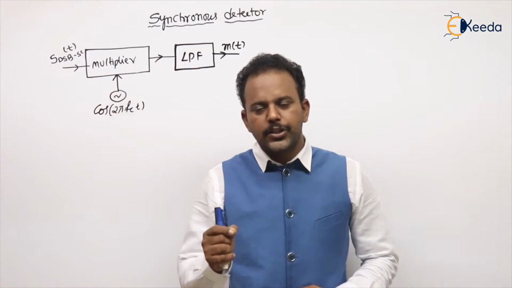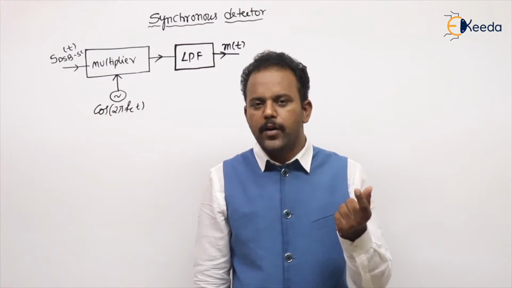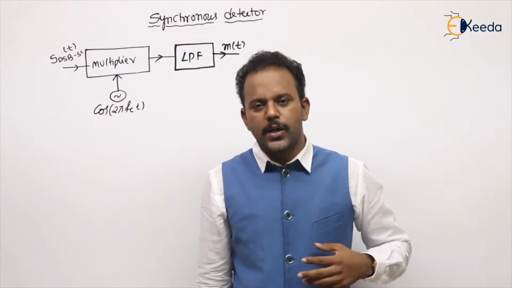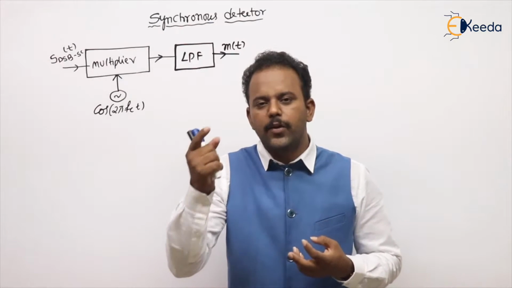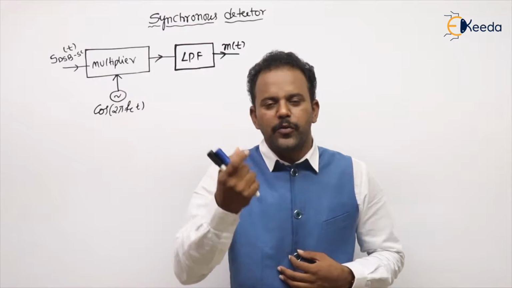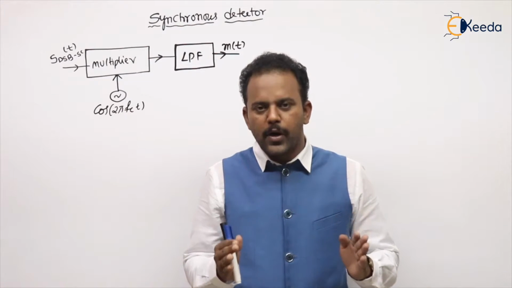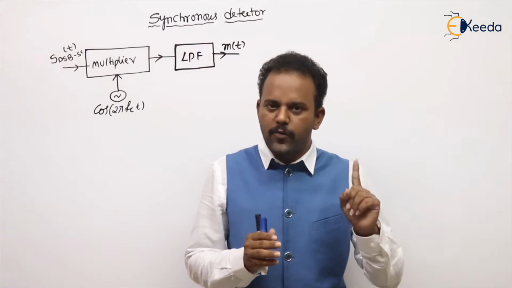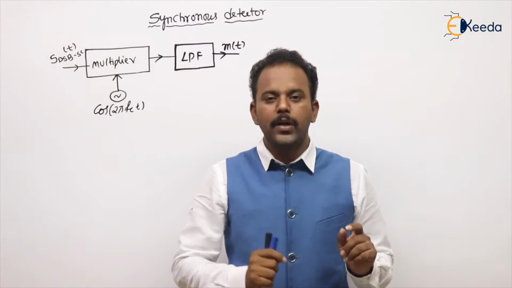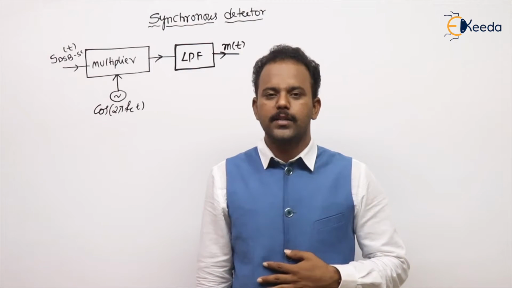Synchronous detection of AM, DSB, SSB, these three are important for ESE, conventional, as well as in the middle points I told, if we have a phase difference of 45, how the output decreases, and if we have any frequency difference, how the output decreases. These are important questions in the objective paper of IES, as well as combined with probability of error, they ask in the GATE examination for 2 marks.